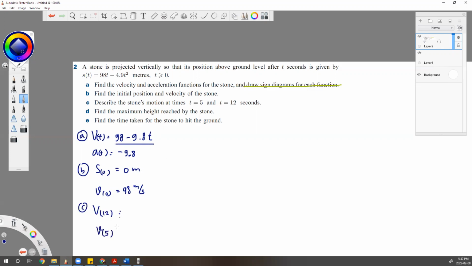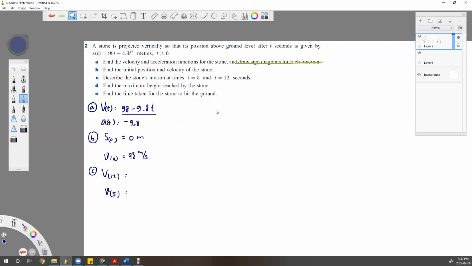I think you can do it easily, right? At t equals 5, what does it mean? So the velocity is moving right or left, I don't calculate this, but again you just substitute it here, and you get the answer.